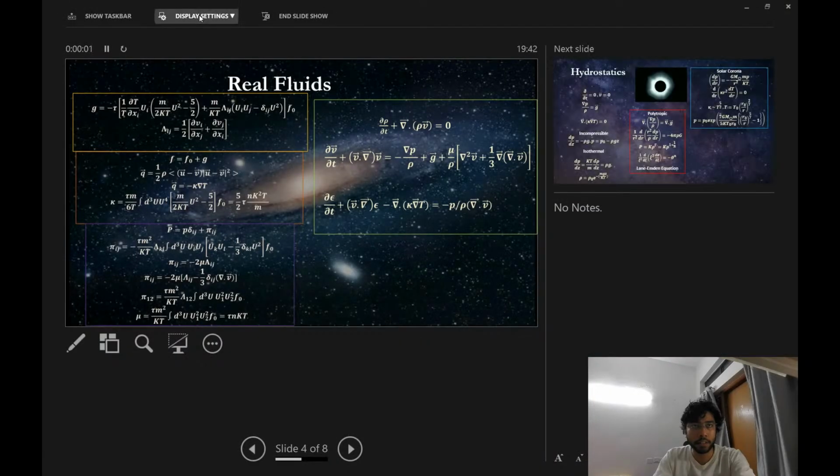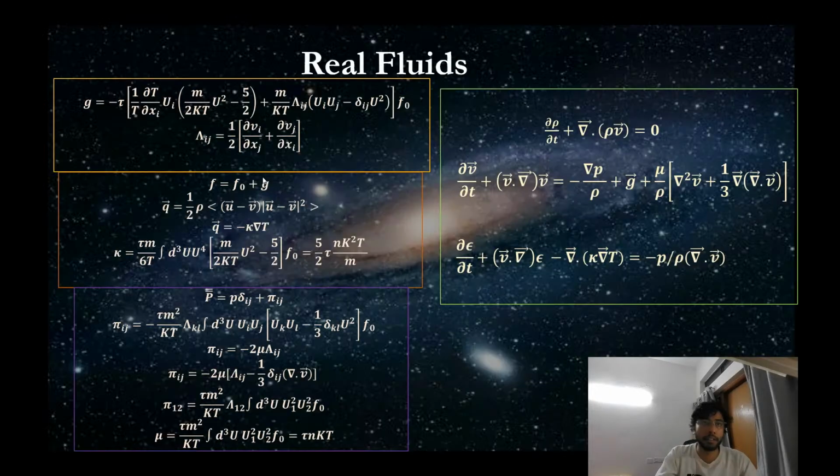Let's see the q first. Let's see how the q changes if we consider this g. As I said, using f naught only, this q value would be zero. Now, from this equation, if you try to see what are the odd terms and what are the even terms, and you try to multiply this thing with g. For example, let's take the first term over here. In the first term, there is one ui, so there is one odd term.